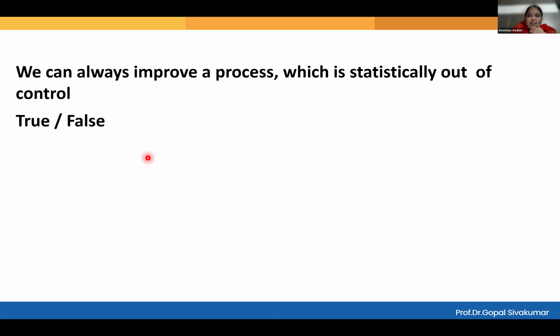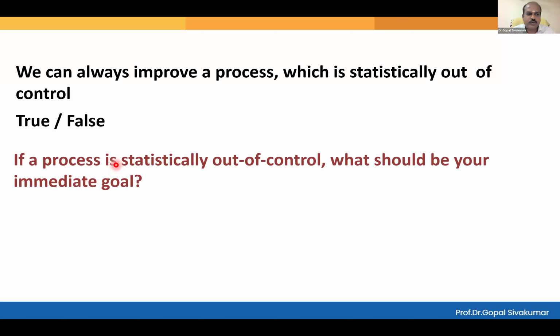First stability, and then improvement. So first bring it to a state of statistical control, right? Because improvement in the sense, we talk in terms of capability. So this is actually not the right idea. The statement is actually false, right? Whenever a process lacks control, first you achieve the control, and then you can go further.